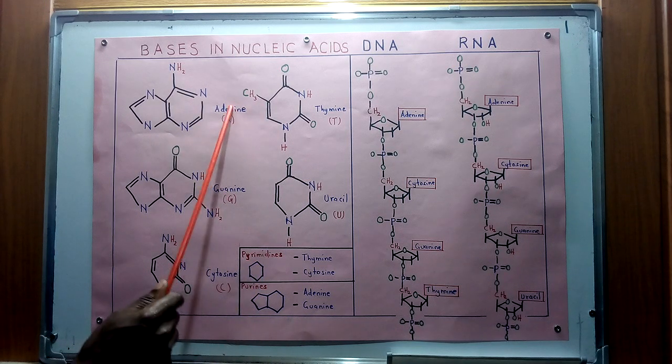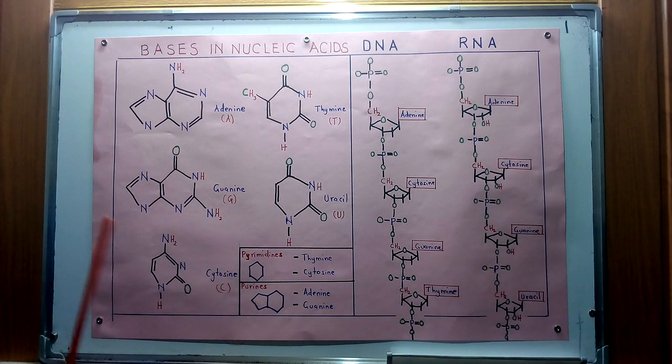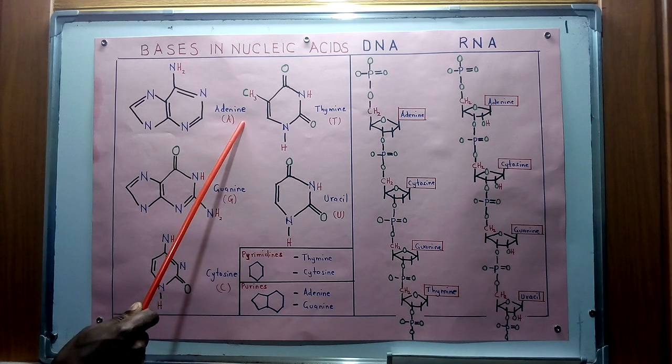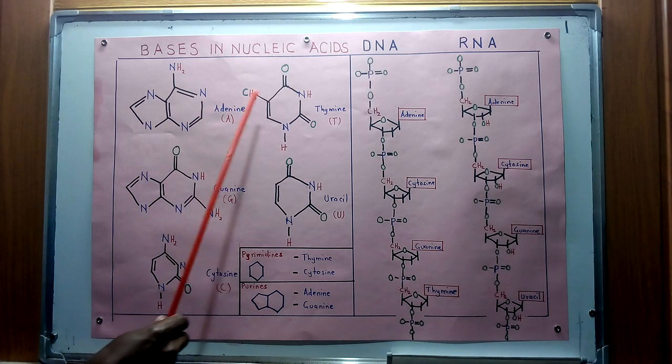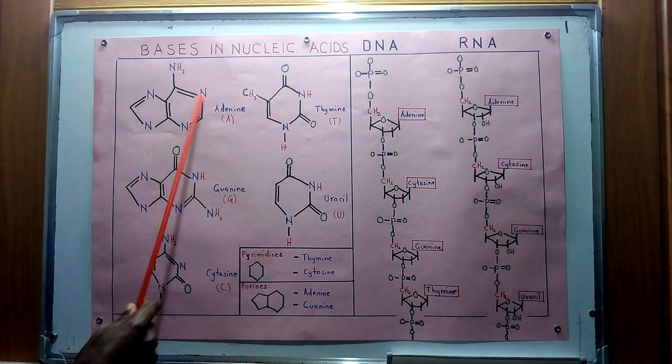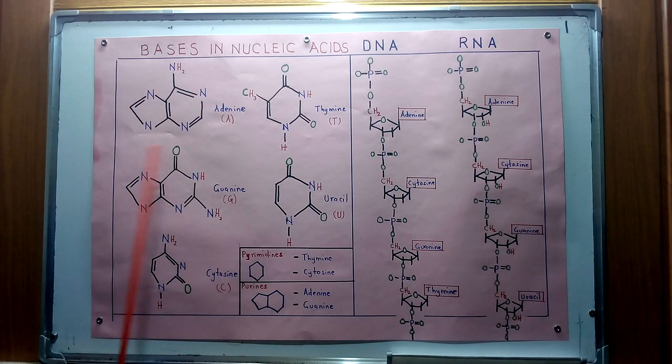Now if you look at these specific bases, there are 5 in number. The first one is adenine, which is made up of these nitrogen heterocyclic molecules, and then we have this nitrogen and an amine group at that specific point.